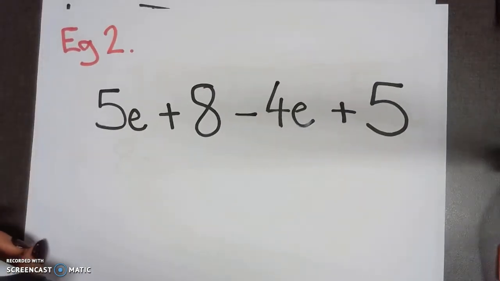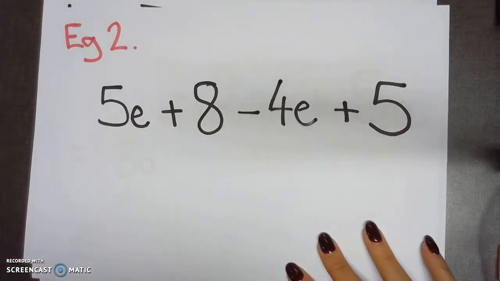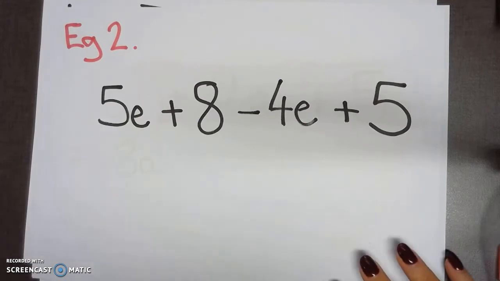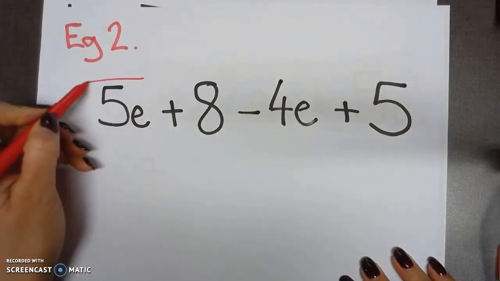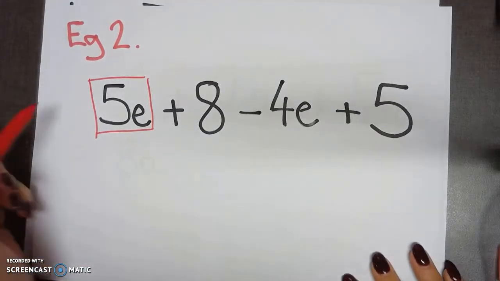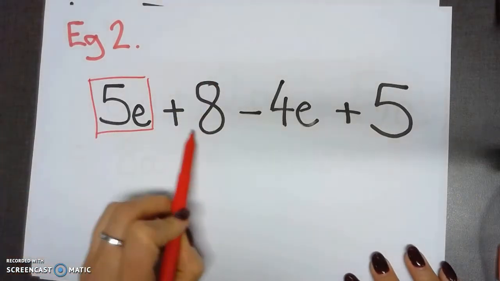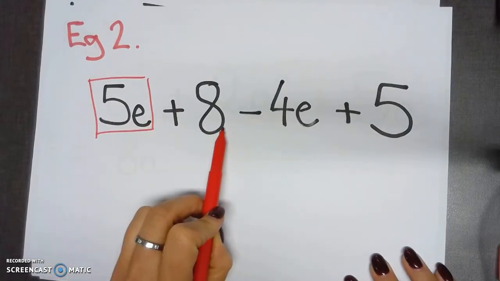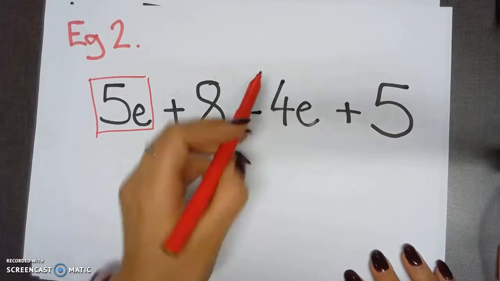Example number two. Boxing it up, I'm looking for like terms. I start with the e family, so 5e. I look across: this term does not have an e, so I can't box it up, but this term does.